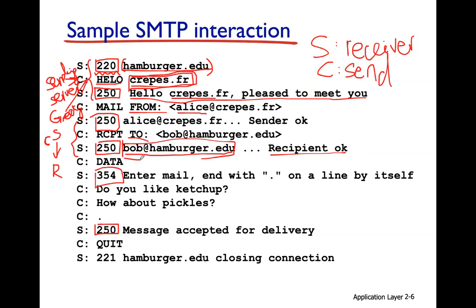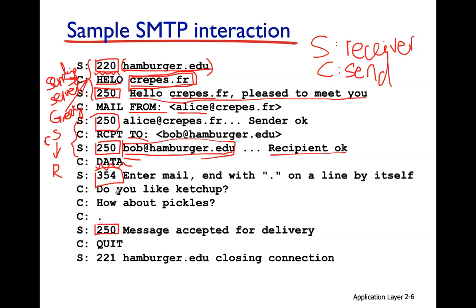Then sender okay, receiver okay, then that's okay. Then the sender server can start sending data. Okay, this is the data, and then end with a dot on the line by itself.